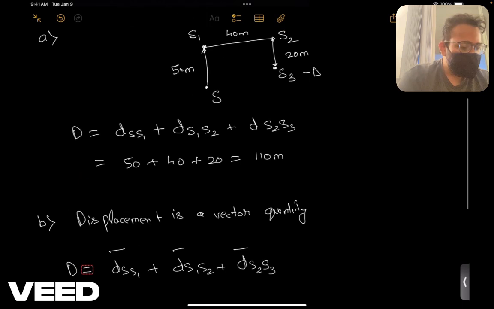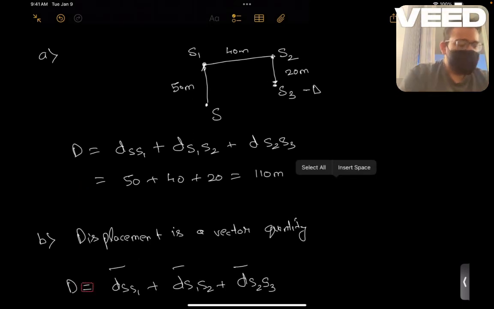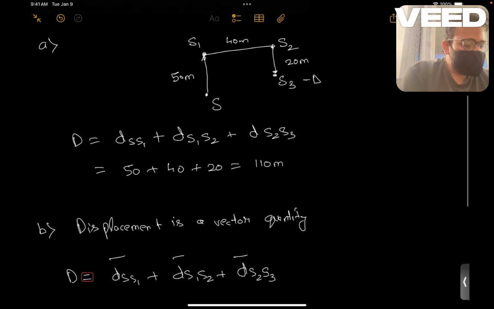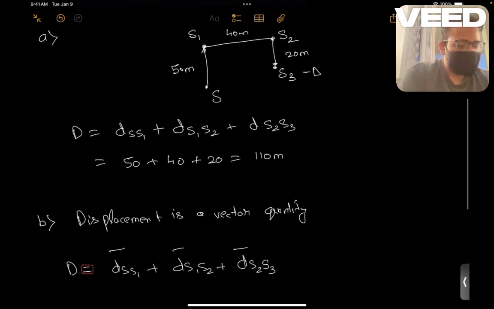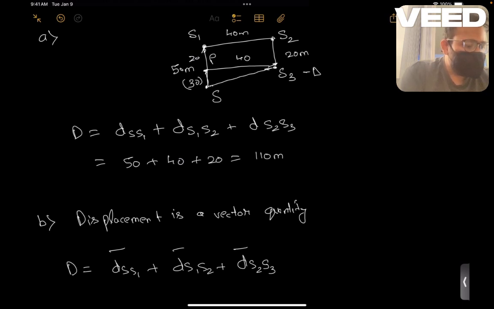You can use a few formulas here, but I will let you know the shortest path. Let's assume I can shift this 40 meters here, and completing this rectangle, this will also be 40 and this will be 20. So the remaining distance from here, let's say this is point P, is 30. Now intuitively, this should be the displacement.